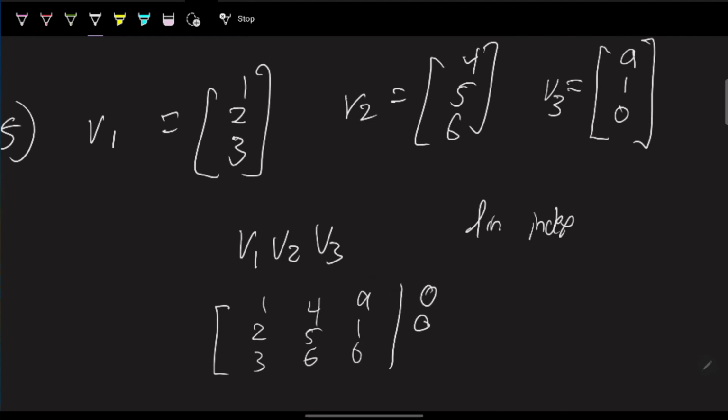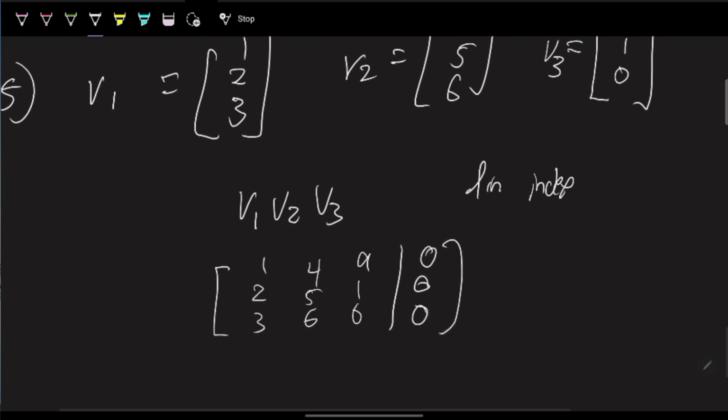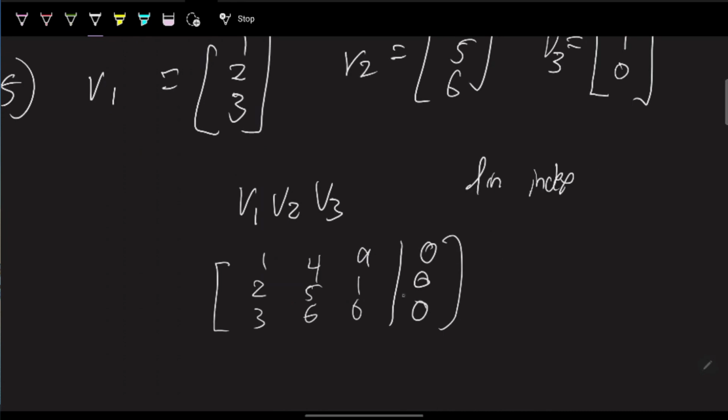We're basically just doing an RREF here. We're going to find that we can get a pivot point for this variable, no problem, after we do some calculations. But with this one, A needs to be a specific value in order for there to be a leading one or a pivot point in the third column. Does that sound about right?